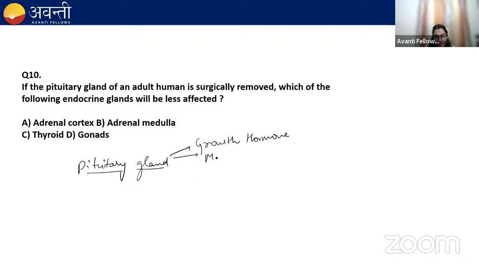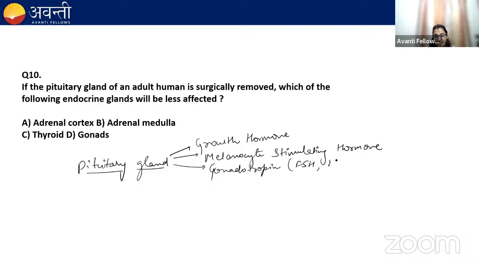They produce melanocyte stimulating hormone. They produce gonadotropin hormones, which are FSH and LH. They produce prolactin. They produce thyroid stimulating hormone.